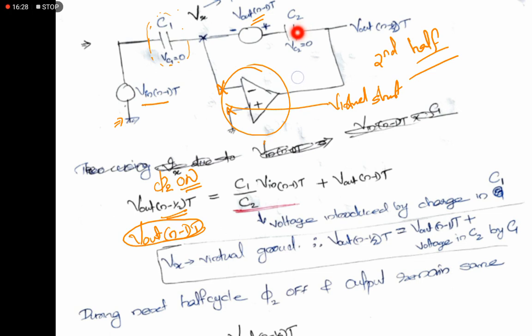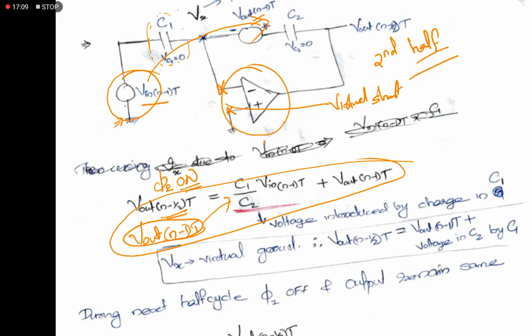It will distribute the charge between C1 and C2. The output voltage will be distributed such that it is C1 by C2 into V in of (n minus 1)T. This input voltage is distributed to C1 and C2, and the ratio is C1 by C2 into V in of (n minus 1)T plus V out of (n minus 1)T. From this we can relate V out and V in.